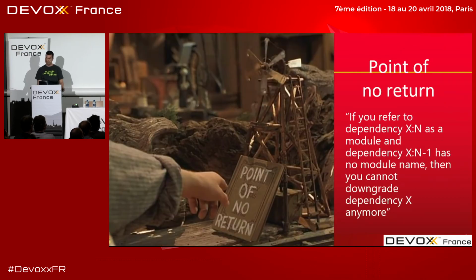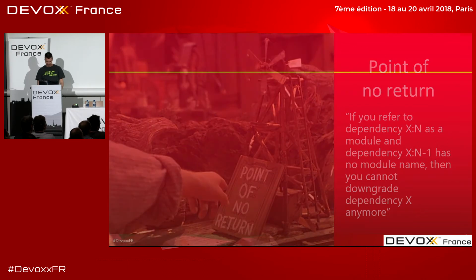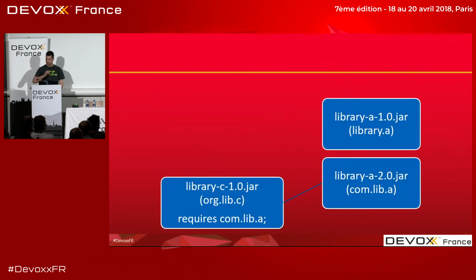But again, here's also a point of no return. And this looks maybe a bit mathematical, but what it is saying is once I refer to a library based on its module name, I cannot go back to a previous version. So in this case, library C says I require com.lib.a, and library A 2.0 was the first one with this module name.